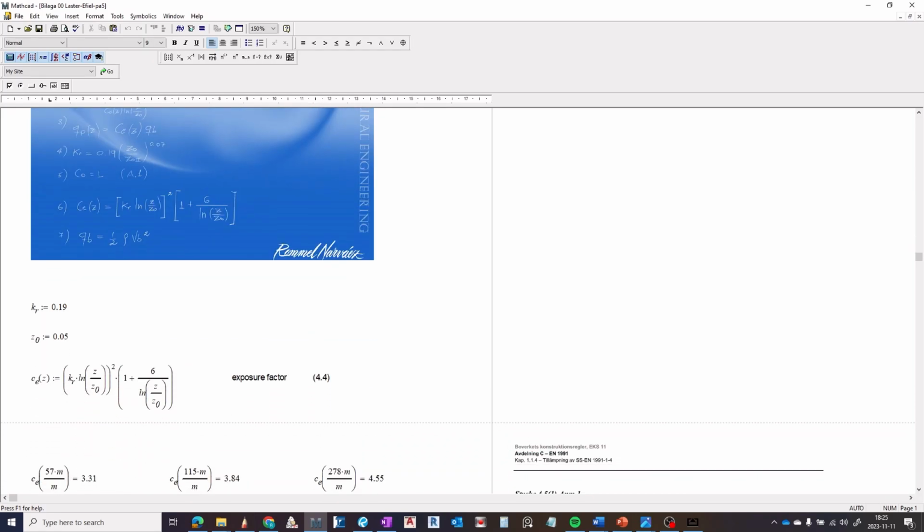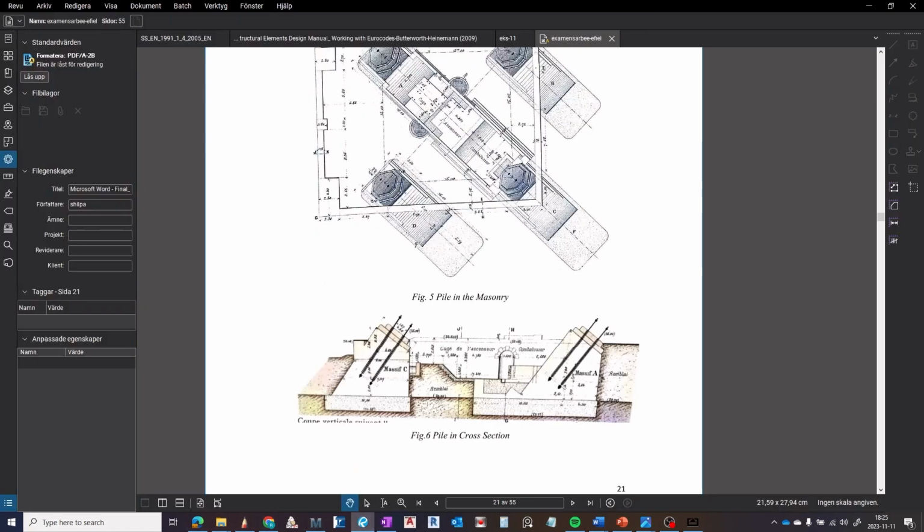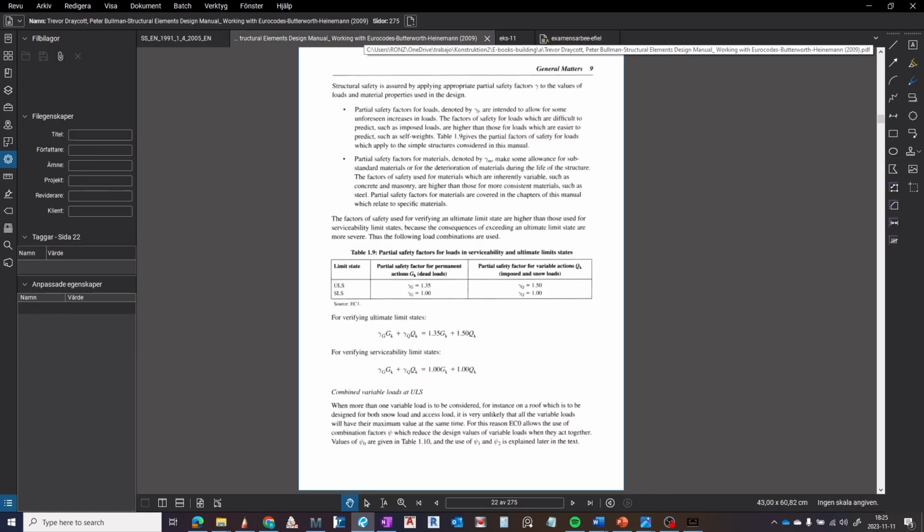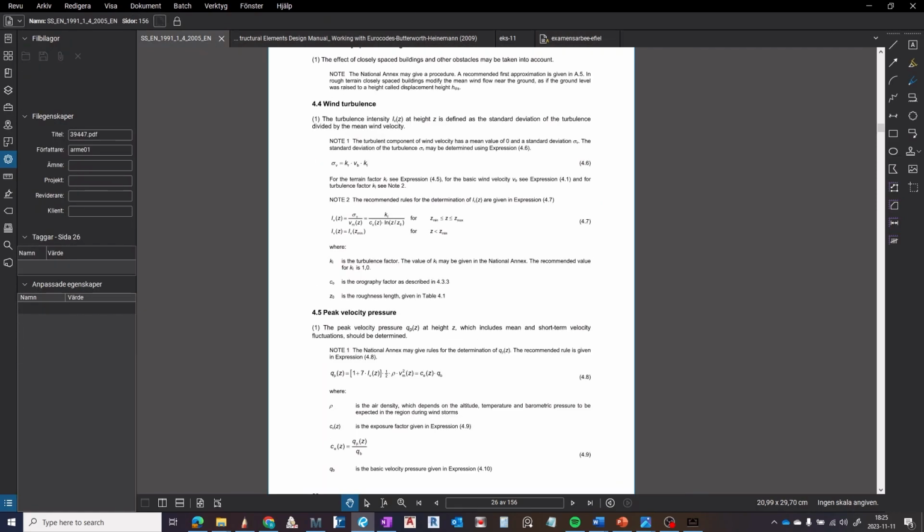Here are some factors that you use. Of course, I will show you this in the Eurocode. Here is the Eurocode. So you have, for example, the peak velocity pressure, some equations and the definitions of the exposure factor given in expression 4.9, which is the main goal to calculate the wind load.